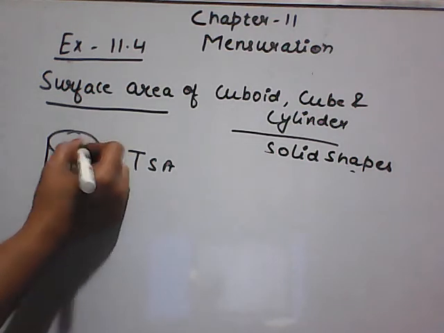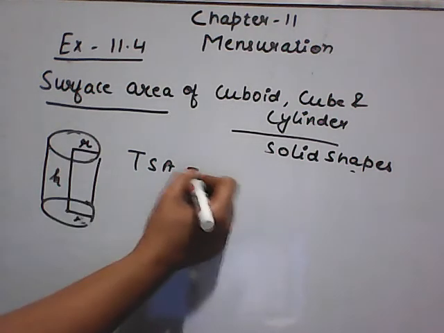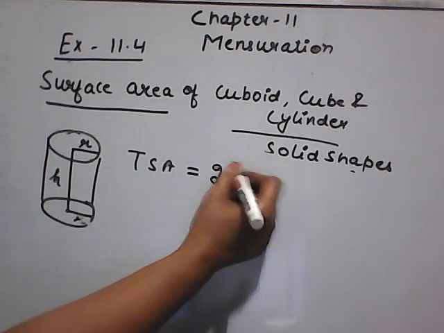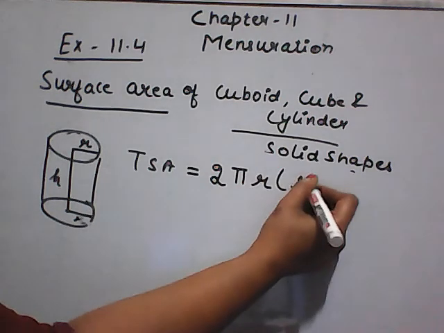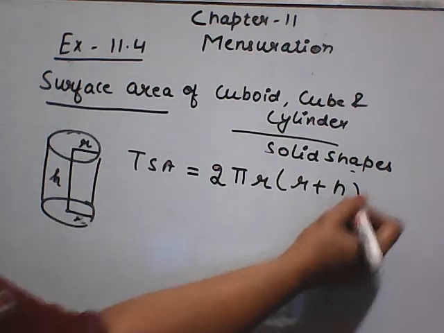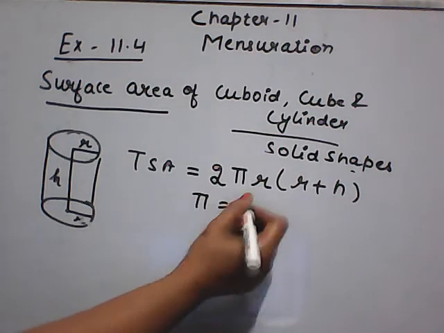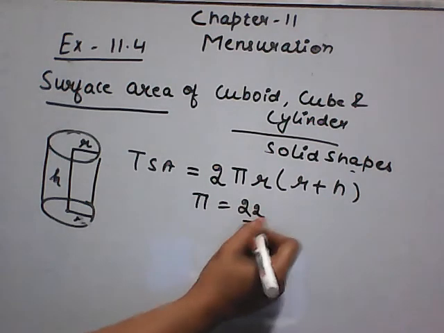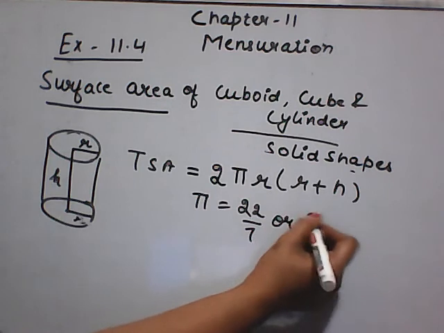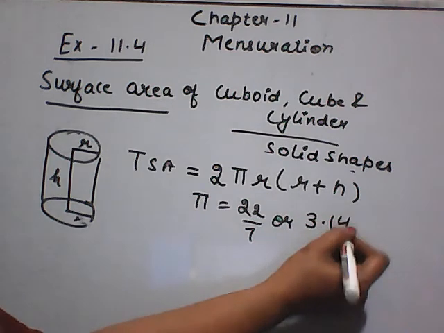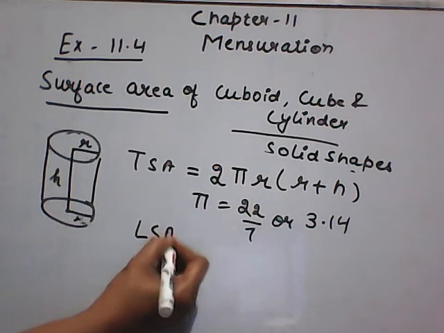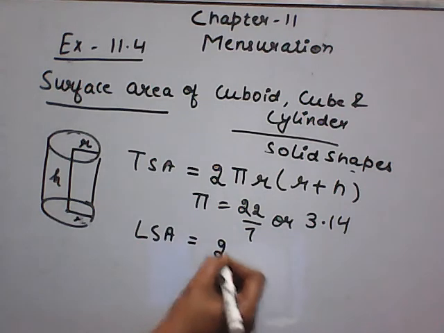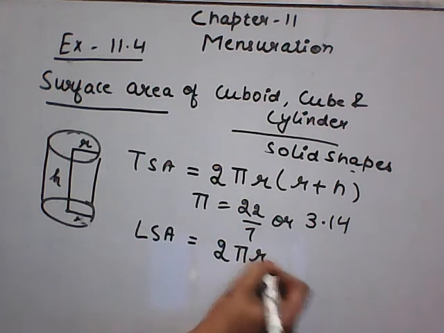Now, total surface area for the cylinder can be calculated as 2 into pi into r into r plus h. Pi can be taken as 22 by 7 or 3.14 as per the requirement of the question. Now, lateral surface area can be calculated by using the formula 2 pi r h.